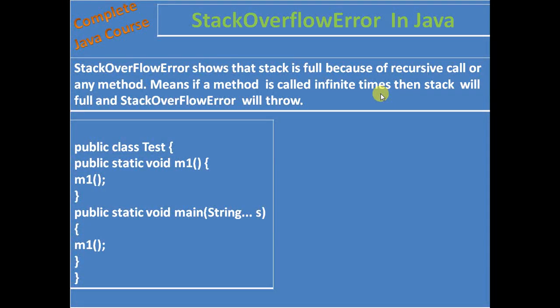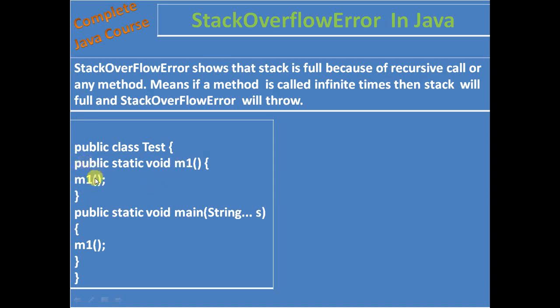So here is the program. I create a test class. In this test class, I create an m1 method, and from the m1 method, I call the m1 method. And from the main method, I call the m1 method. So this m1 method will call m1, and m1 again calls m1.